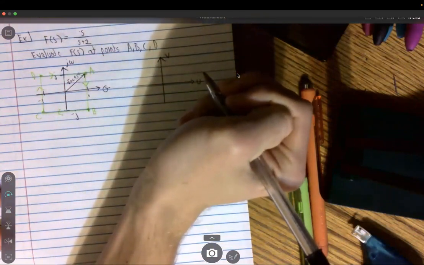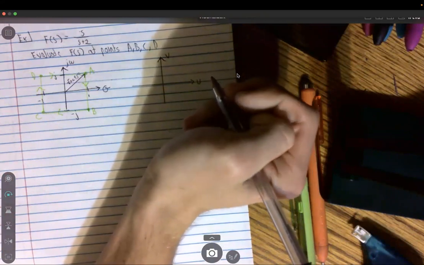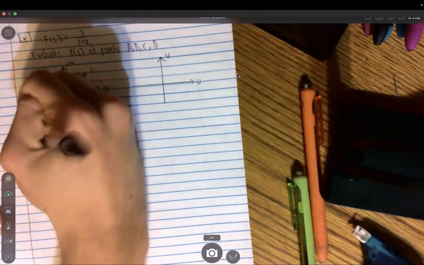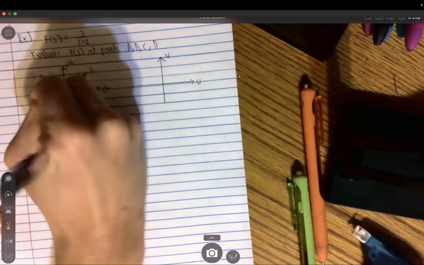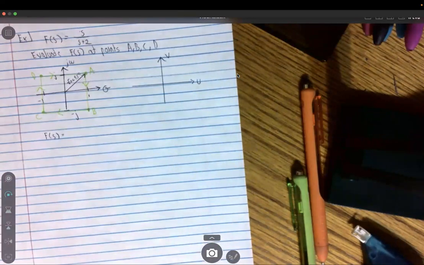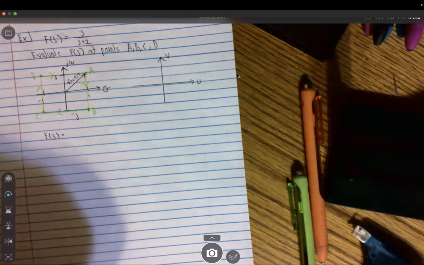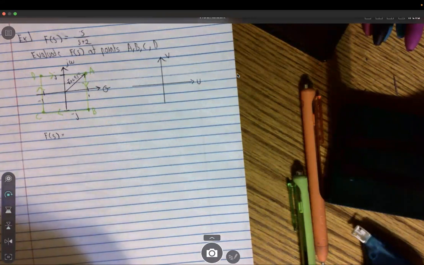And so if we do rad 2 angle 45, if we're going to plug that into our f of s, f of s is equal to, let's see, if we plug in 1 plus j all over 1 plus j plus 2, you're going to see that rad 2 divided by rad.